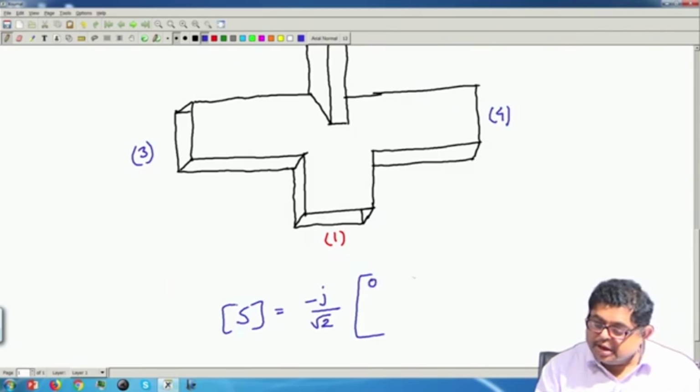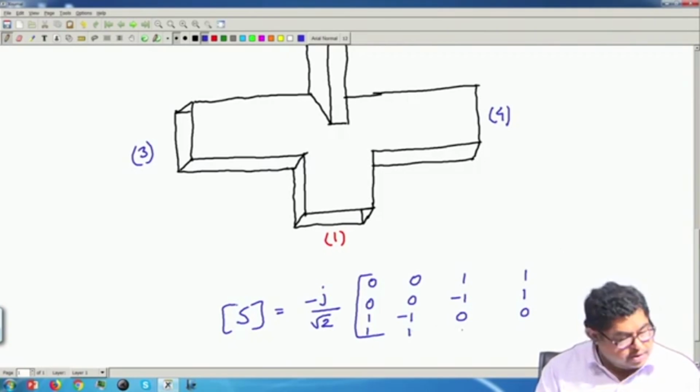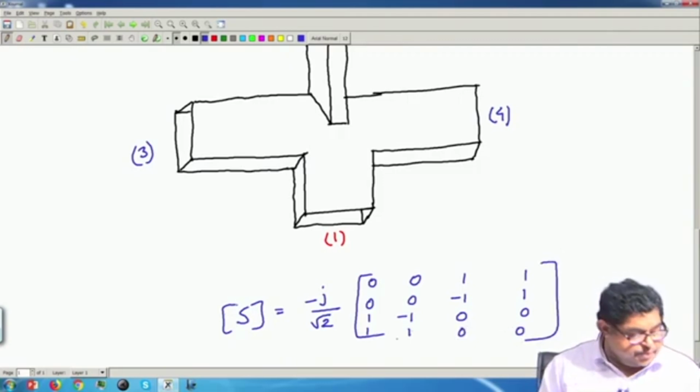So, that turns out to be 0 0 1 1, then 0 0 minus 1 1, and 1 minus 1 0 0, and 1 1 0 0. So, this is the S matrix.